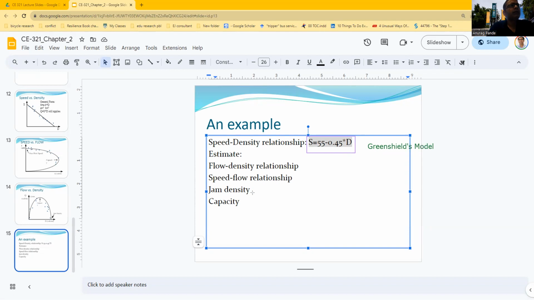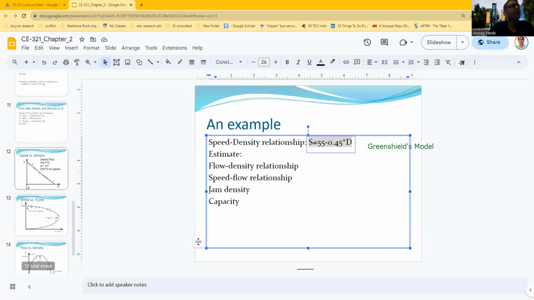And what I want to do here is take this example problem and see what we can do with this. So basically what we are given in this example is the equation of this line right here.